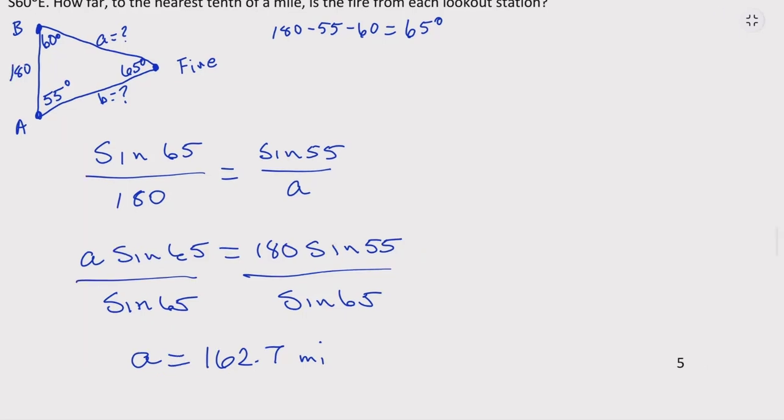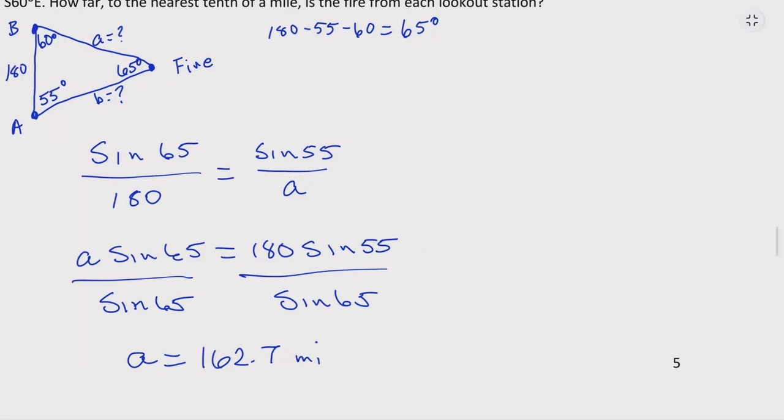Okay, now do the same thing for side B. So sine of 65 over 180 is equal to the sine of B over B, and we know B is 60.